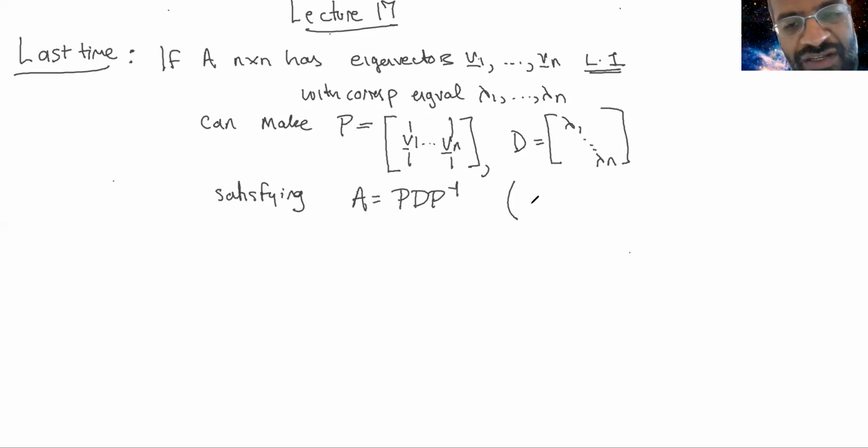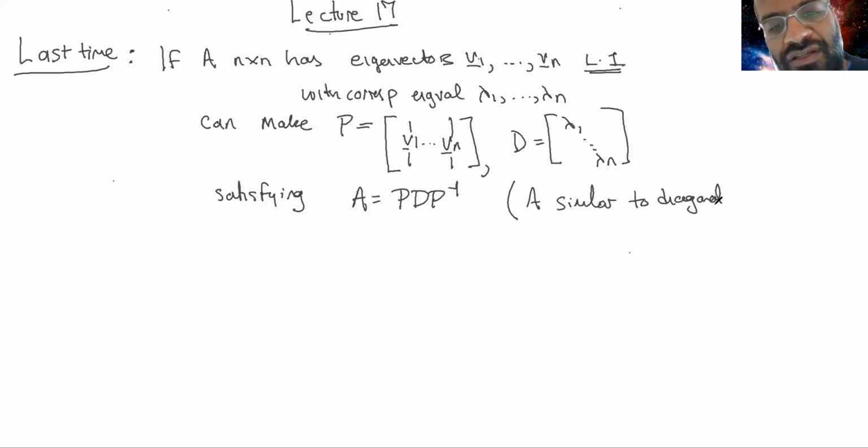The meaning of this is that A is similar to a diagonal matrix, which means that in this basis of eigenvectors, the matrix of the linear transformation corresponding to A becomes diagonal. This is what it means to be diagonalizable.